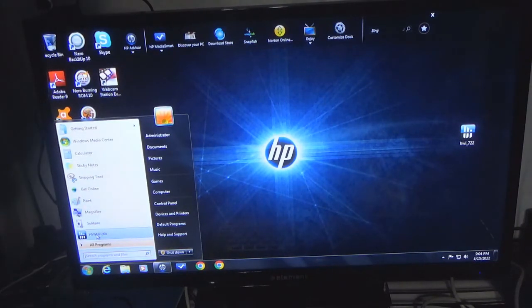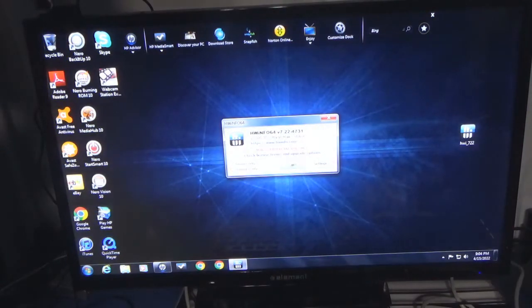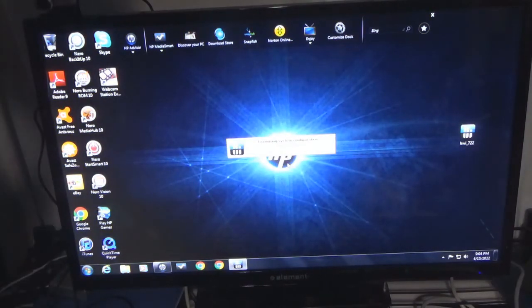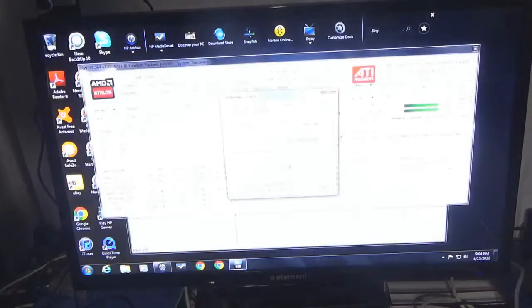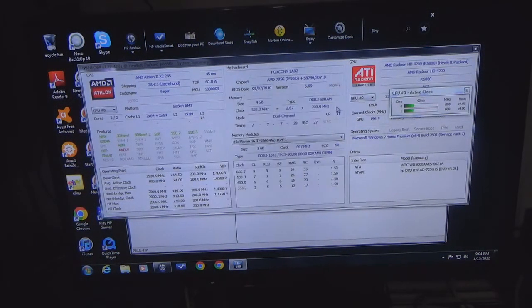It's going to analyze the device. Okay, so here is what we have.